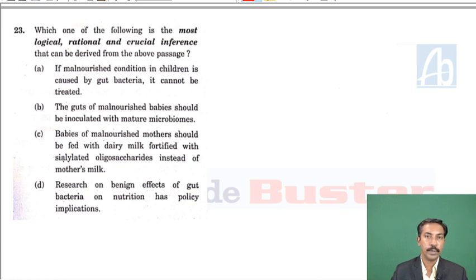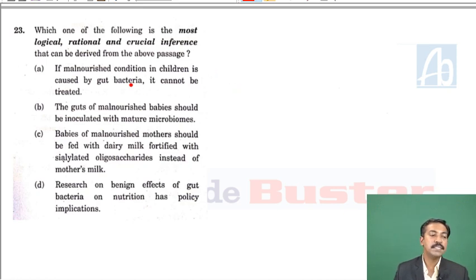Question number 23. Which one of the following is the most logical, rational and crucial inference that can be derived from the above passage? I would say this question is slightly easier going by the tools of elimination.